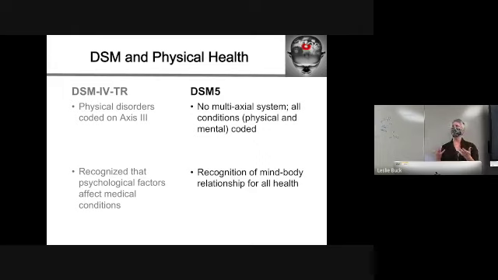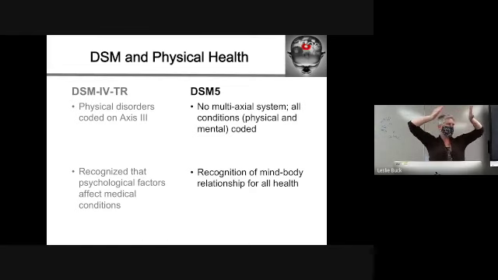In the DSM-4, we used to have this multi-axis system where most psychological things went on one axis, personality disorders and mental retardation went on a second axis, and on the third axis, you marked all their physical health problems. It was nice because it acknowledged that both existed, physical and mental, but it kept that duality of thinking.